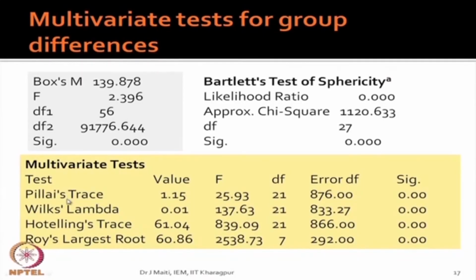Then here are the Pillai's trace, Wilks' lambda, Hotelling's trace, and Roy's largest root. So, 4 statistics we have considered, and if you see the significance level, everything is almost 0. What does it signify?